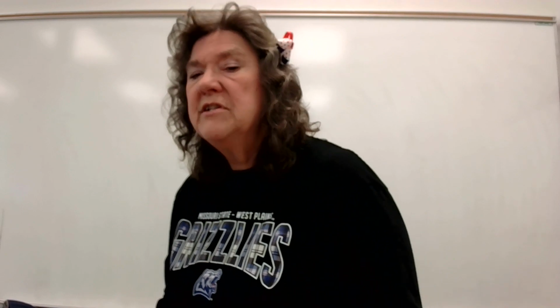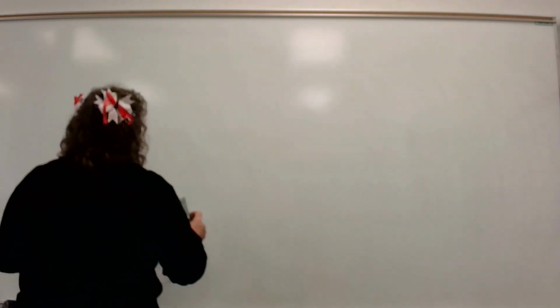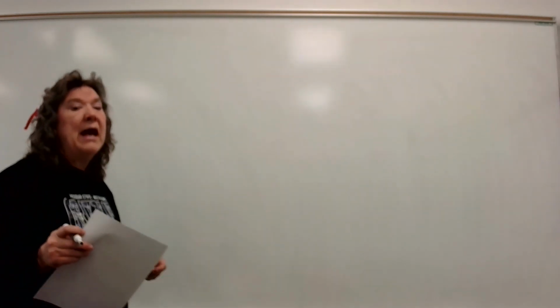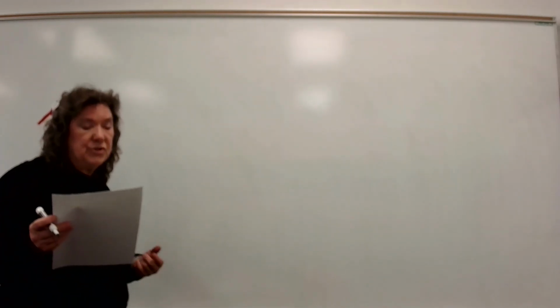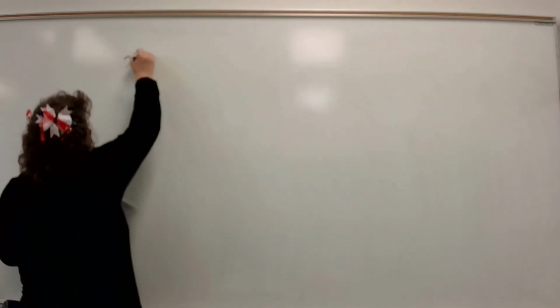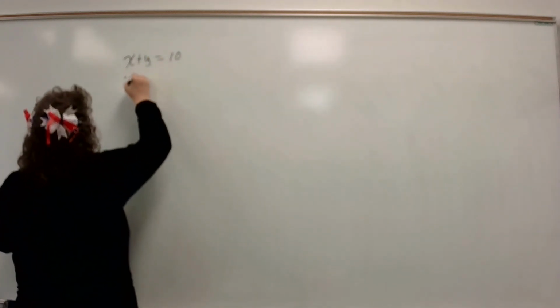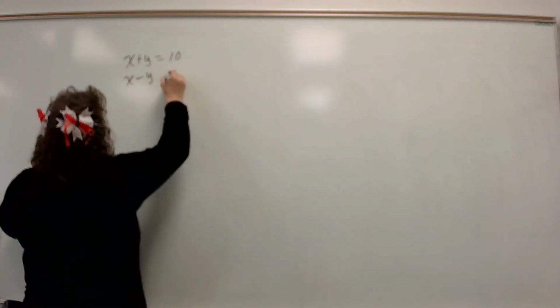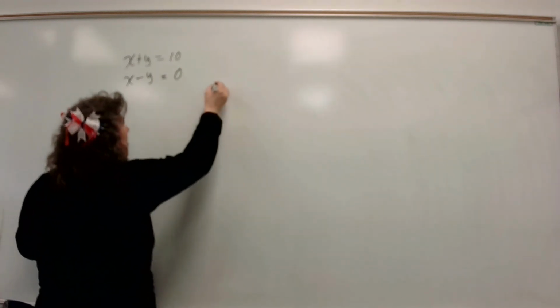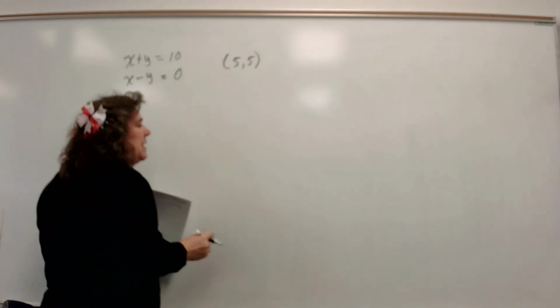So let's look at this. First of all, we're going to look at two equations, and we're going to check to see if those ordered pairs actually are a solution to this set of equations. So if I have x plus y equals 10 and x minus y equals 0, and my ordered pair is (5, 5), what does that mean?